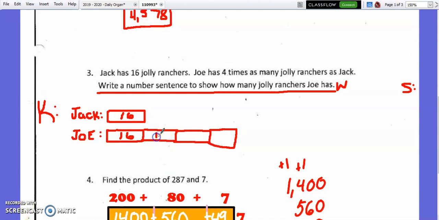Fill in each group with a 16, and you'll be able to determine what the number sentences need to be to solve for this problem. I know that Jack has 16, and I know that Joe has 4 times 16. So my one number sentence to determine Joe is going to be 16 times 4. That will be my number sentence to figure out how many Joe has.